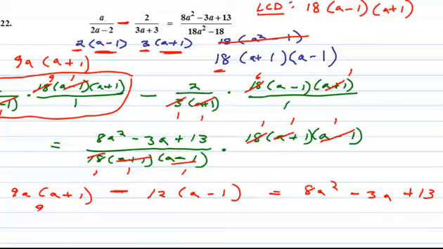Let's clean up the left side. We have 9, a times a is a squared, plus 9a, and then we have minus 12a. Careful, negative 12 times negative 1 is positive 12.